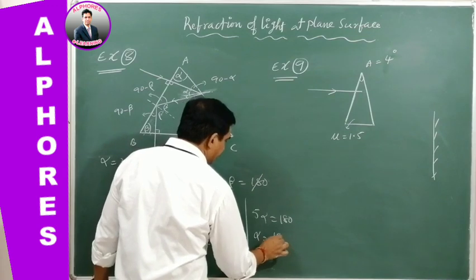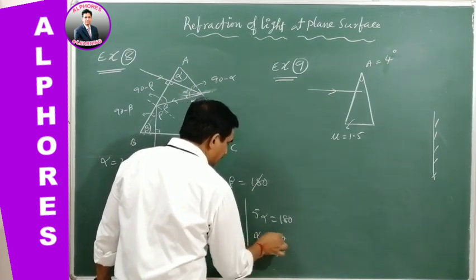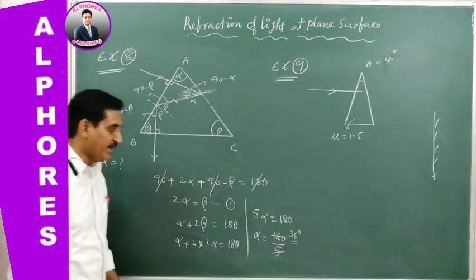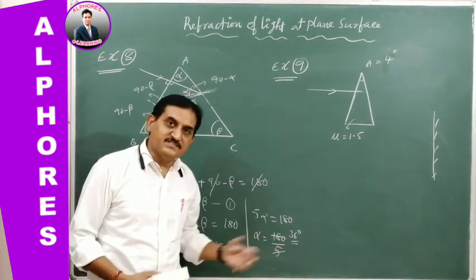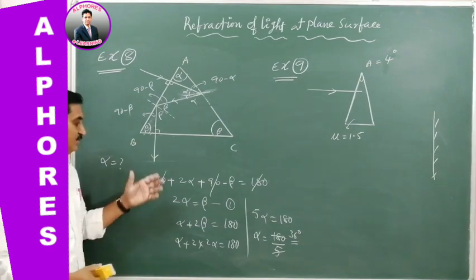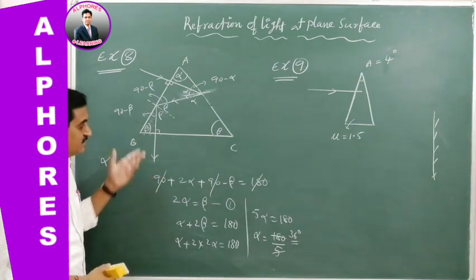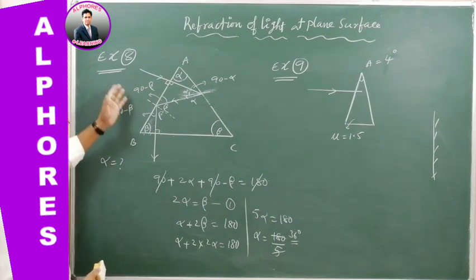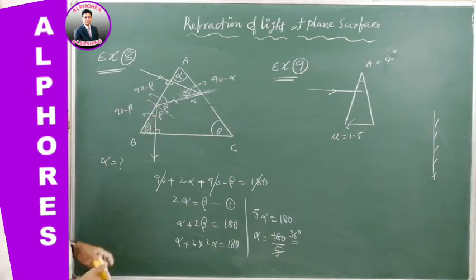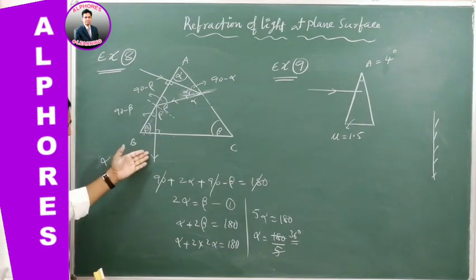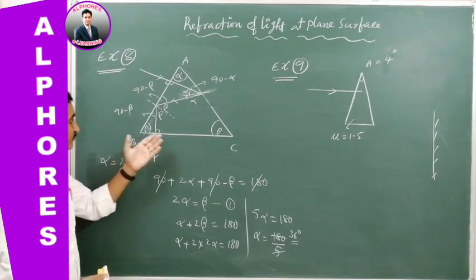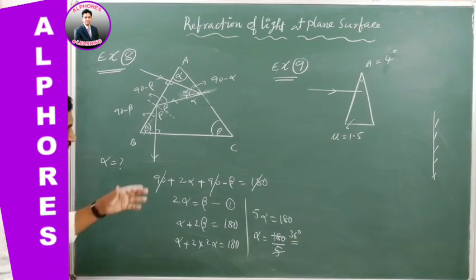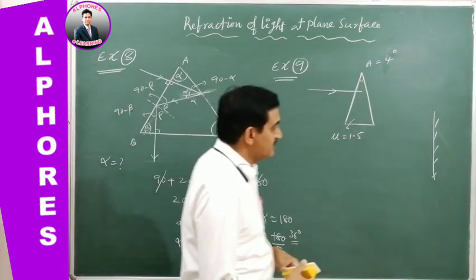Alpha is equal to 180 by 5, 36 degree. Okay. So 36 degree is the alpha value. So that is the question asked in this case. Therefore, the angle alpha value whenever the light is incident normal to the first refracting surface and finally it emerges from BC side normal to it, in such situation the value of alpha is 36 degree.